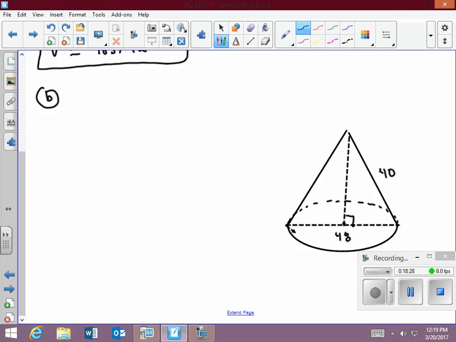So we're going to have to look at this right triangle over here, and calculate this distance right here.